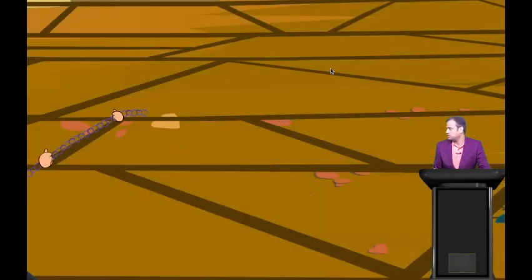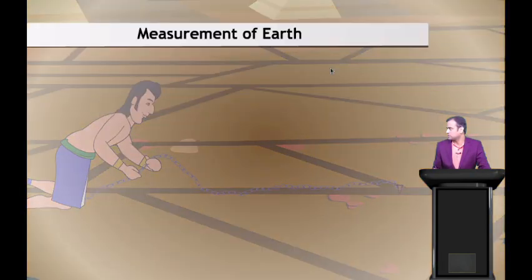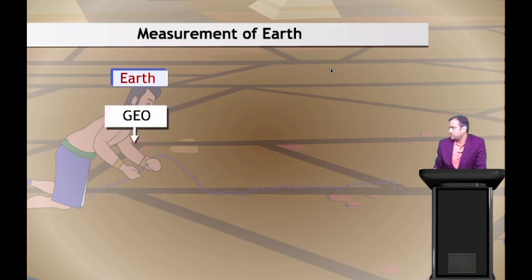And they measured the length of these structures. So what did they do? They measured the earth structure. This is called measurement of earth. Yes, they are measuring earth, and earth is called geo. So its Greek name is geo. And what is measurement?